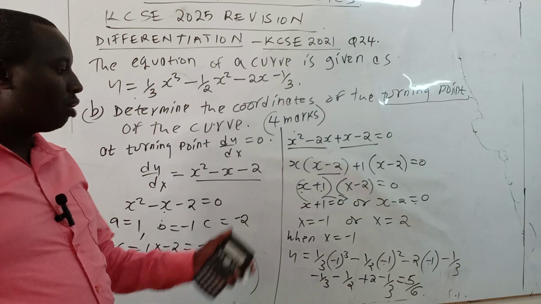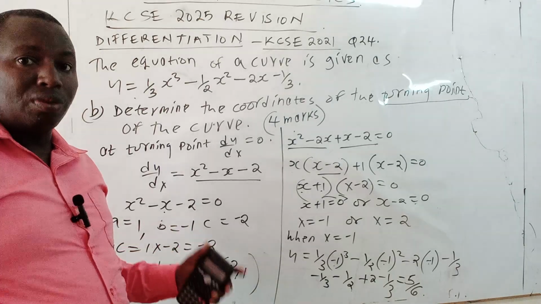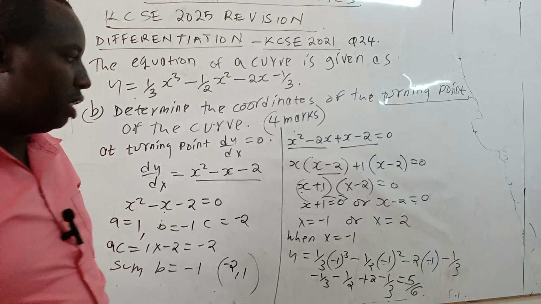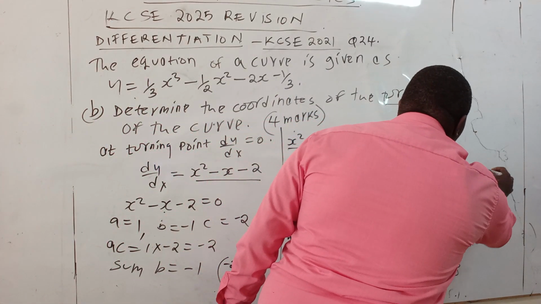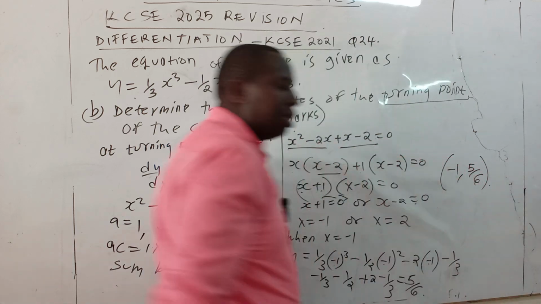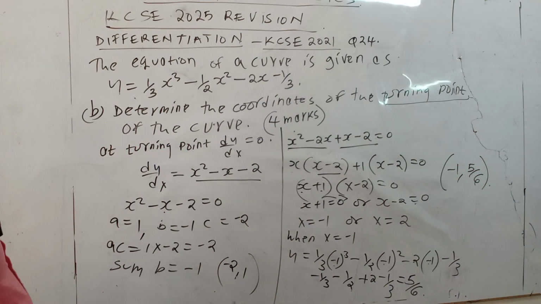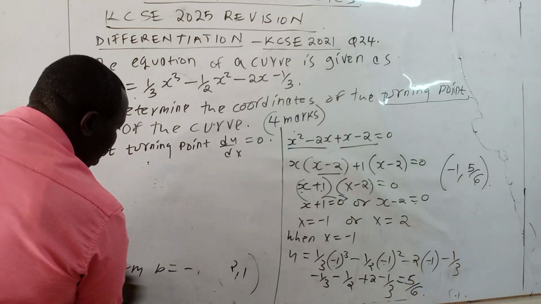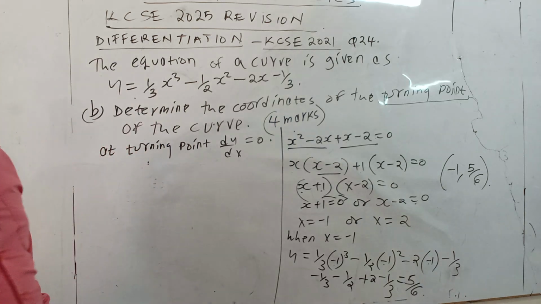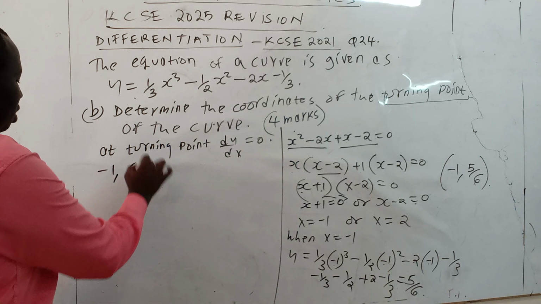So therefore, one of the turning points is when x is negative 1, then y is 5 over 6. That's one of the answers. So negative 1, 5 over 6.